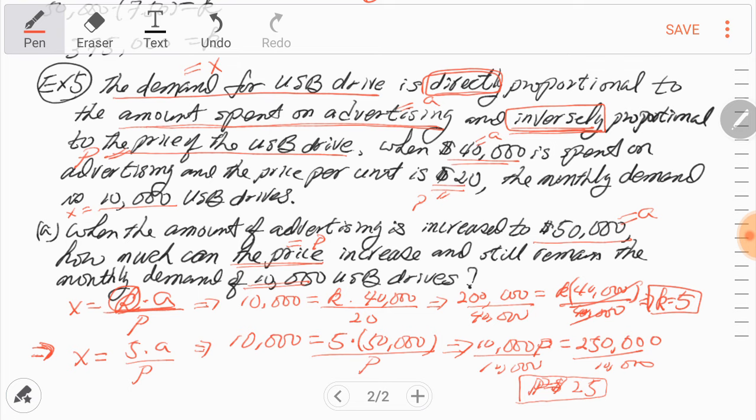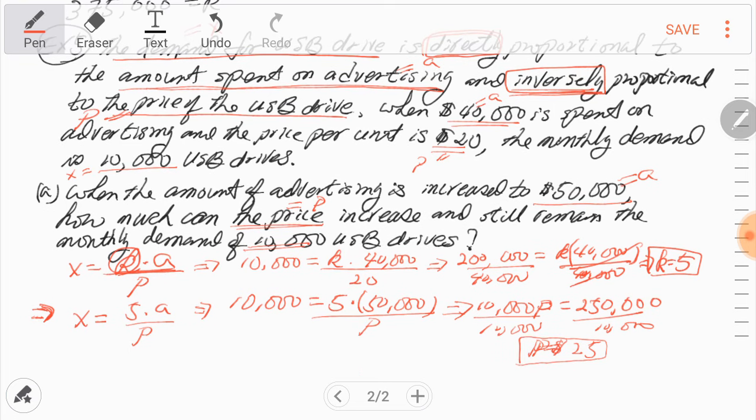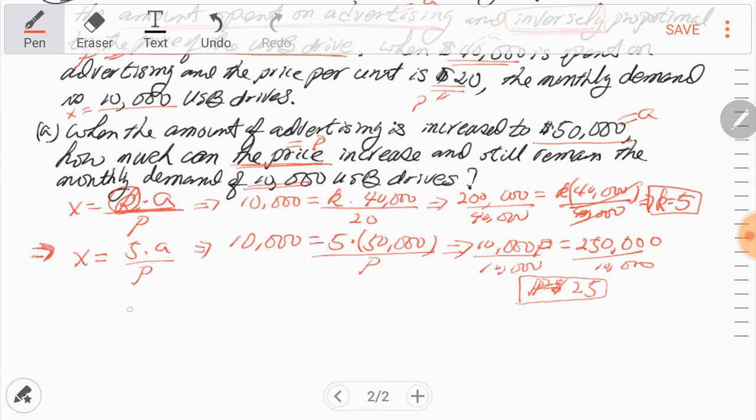And okay, how much can the price increase? So that means the original amount is, when the advertising is 40,000, then the advertising is increased to 50,000. So when it was 40,000, that was $20. So the answer will be, okay, if we increase the advertising to 50,000, then the price per unit is $25.